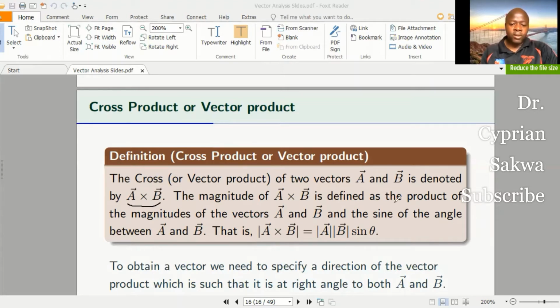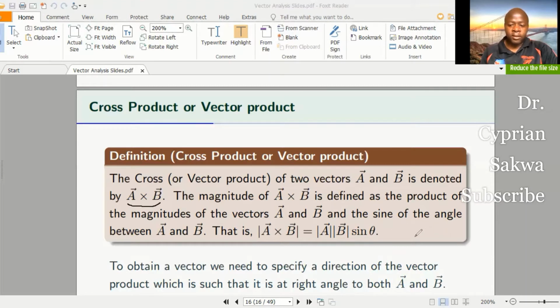It is given by this, and you know the vertical lines mean magnitude. So the magnitude of the cross product is the magnitude of vector A times the magnitude of vector B times sine theta, where theta is the angle between these two vectors.